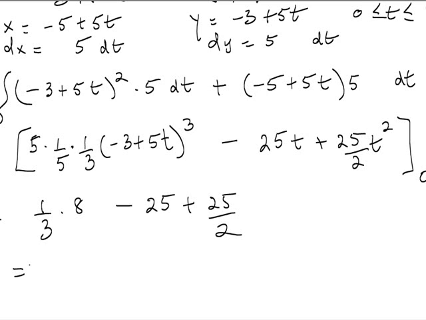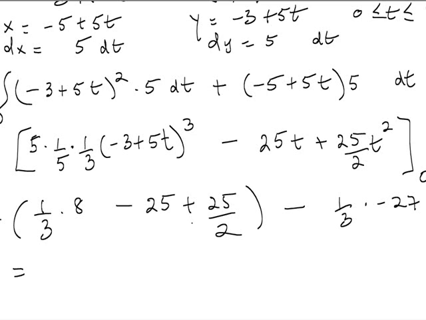I made an error. I forgot to substitute the 0. Thank you. So this is the 1. No, this first term is not going to be 0. You with me? So this is what? 1/3 times negative 27.